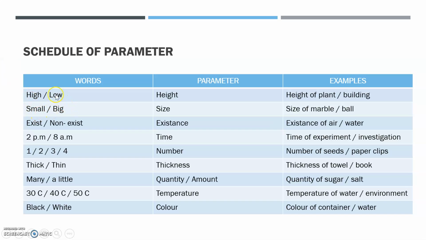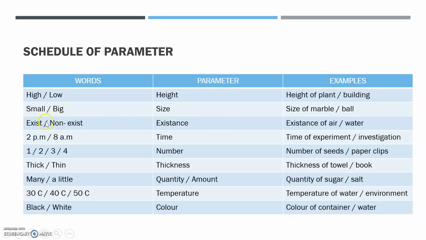Alright. Next, small or big. The word we find in the question is small or big, which describes size. The suitable parameter is size. Example, size of marble or size of ball. What is marble? Guli. Size of marble, size of guli, size of ball, like that. Alright.